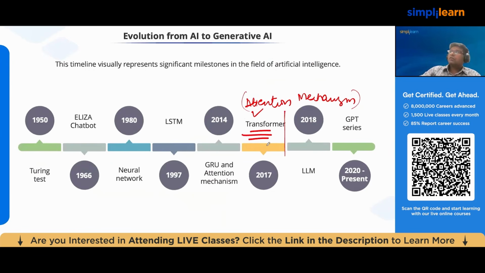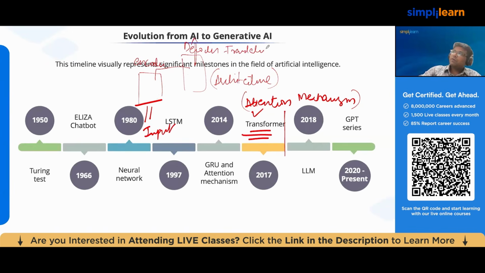From there we emerged into the transformer, where we have an encoder and decoder architecture. You feed the input text to an encoder, and it will try to produce a translation. This was the task given to an encoder-decoder mechanism.